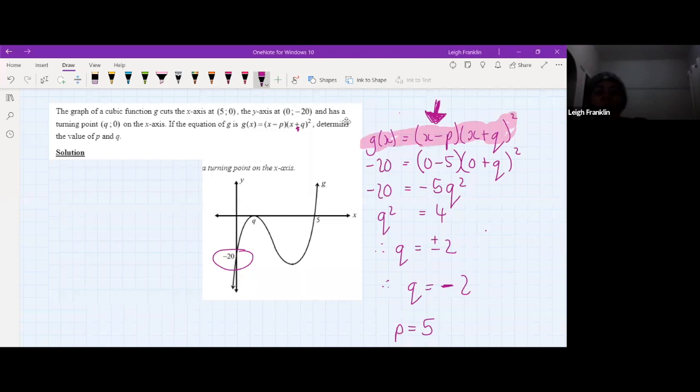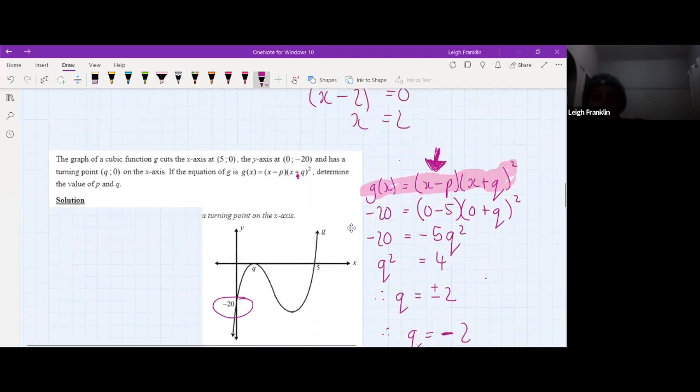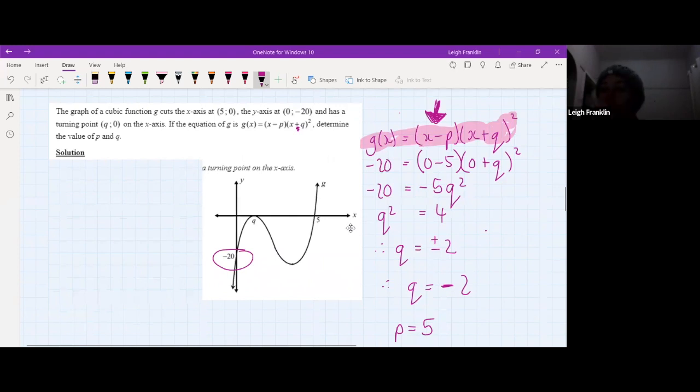Okay, so you don't understand why p is equal to 5. That was the question that I don't know if it was Boychep or somebody was asking previously. Over here, this bracket is the factor or the root that is not repeated.